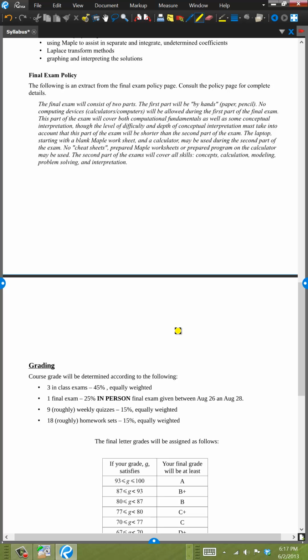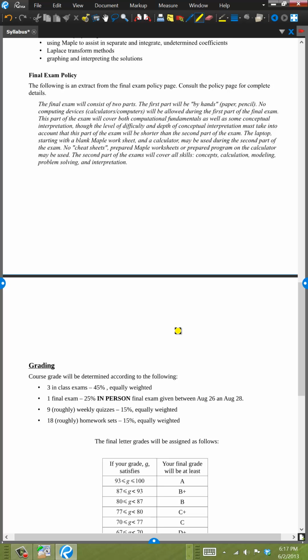Now, as I noted in our meeting before the class started and later in this syllabus and in the addendum, the final exam is going to be in person. The final exam will be scheduled somewhere between August 16th and August 18th. It'll be an in-person final exam, and it'll consist of two parts, just like the Calc 1 through 3 final exams.